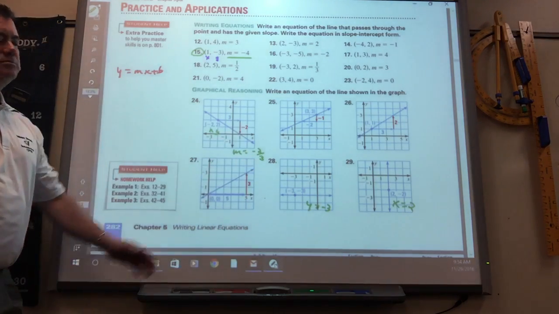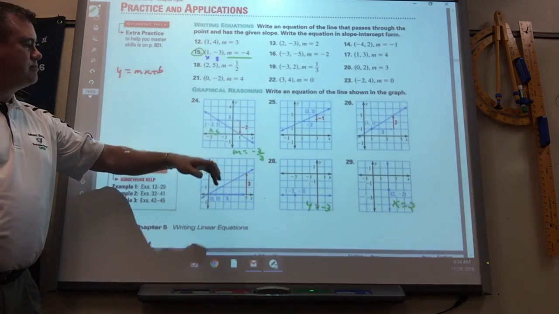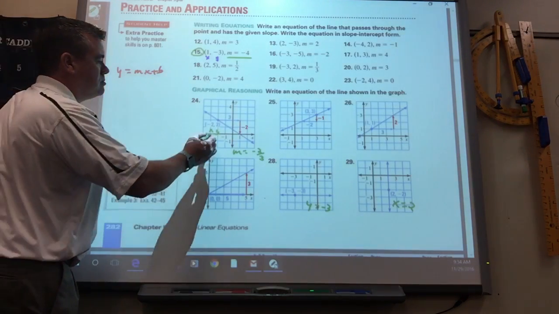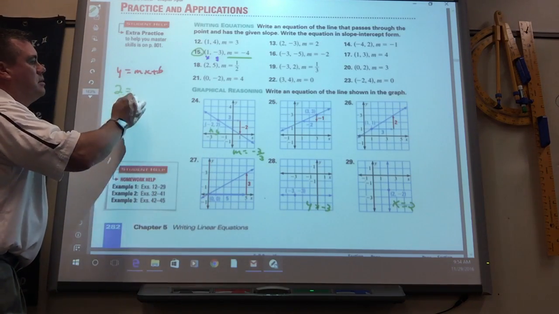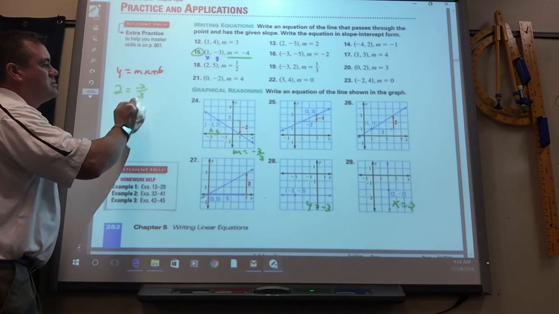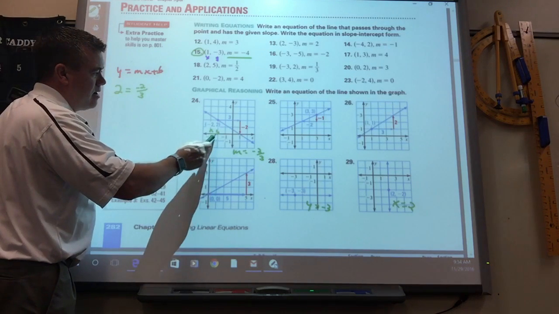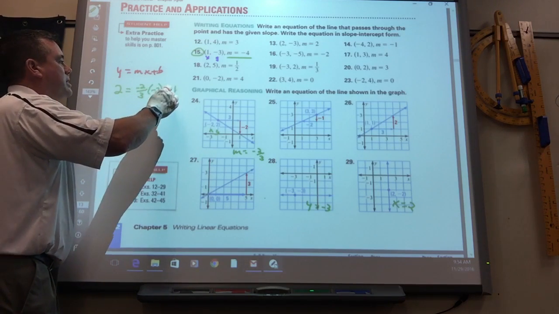Negative 2/3, right? Because they show the rise here is negative 2 and the run is 3. So, for the Y, you put in 2. The slope, M, is negative 2/3. The X is negative 2 plus B.